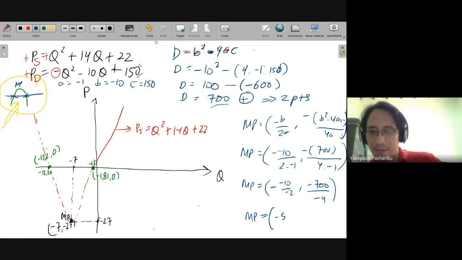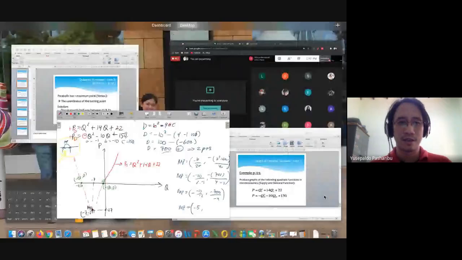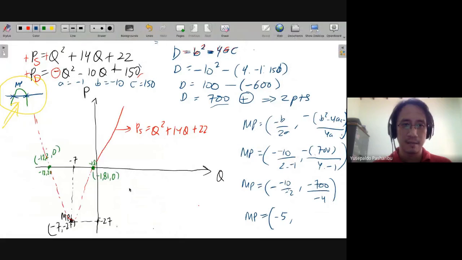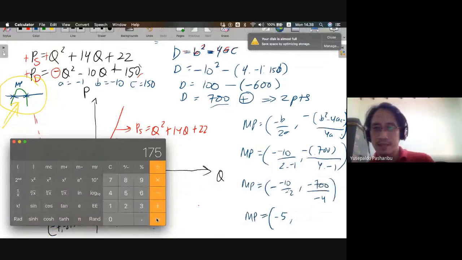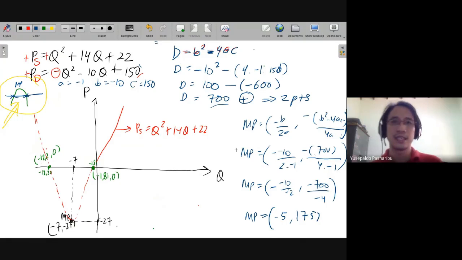So negative 5. 700 divided by 4 is 350, 175, right? 175. This is the maximum point: minus 5 and 175.